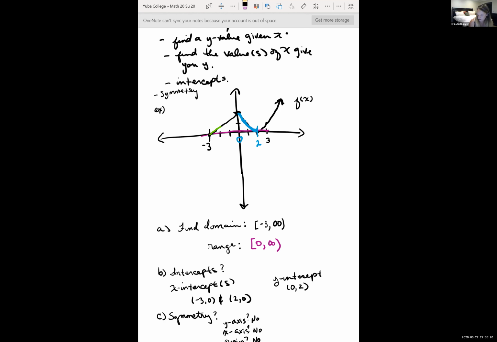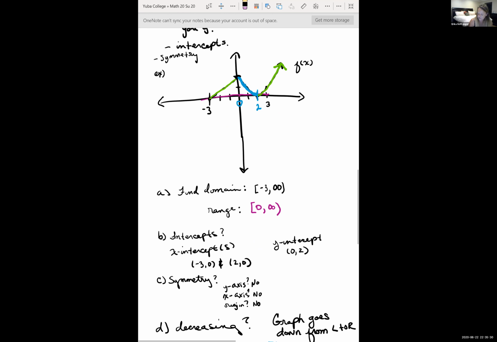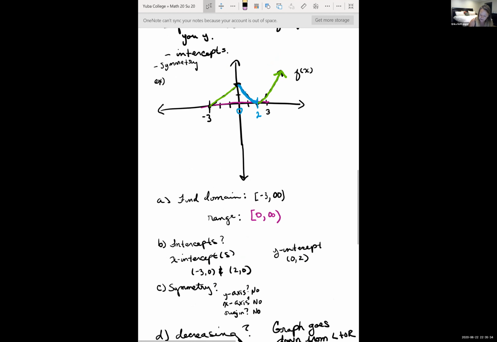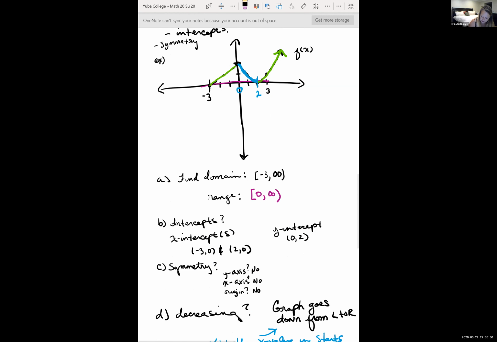And then we start to go downhill, and then we start to go back uphill when x is 2. So the x value that I start with, and we're always going from left to right, the x value that I'm starting with, and this is a solid circle, because this is a point where I'm starting and it's not changing direction from increasing to decreasing, I would probably put a bracket there.